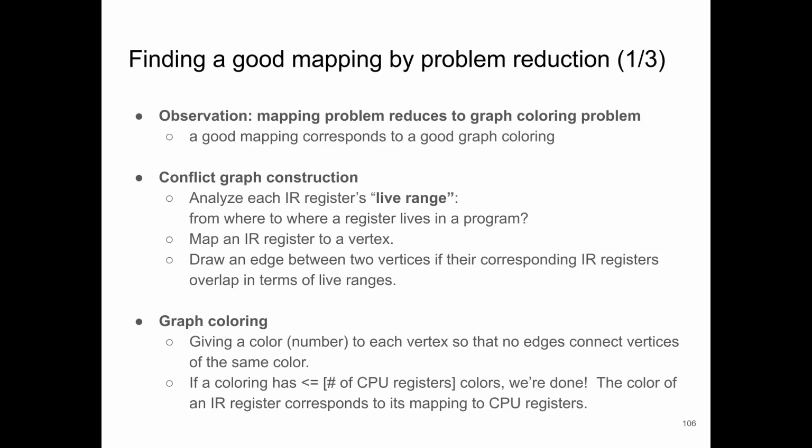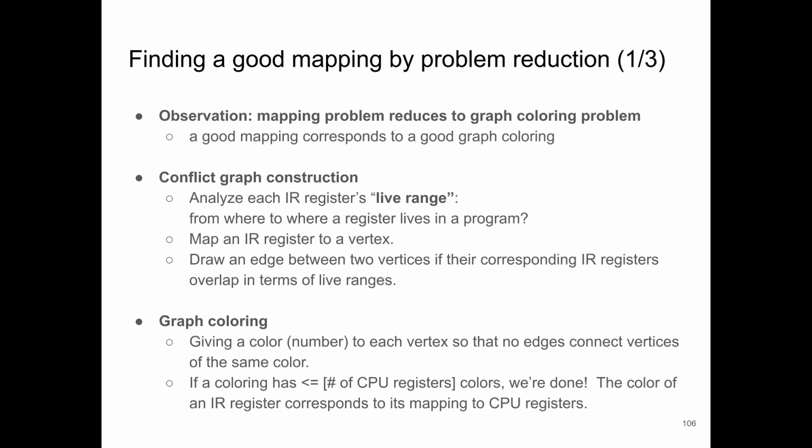So as a result, an edge means that these two vertices or two IR registers should not be placed on the same CPU register because their values should be remembered at the same time.